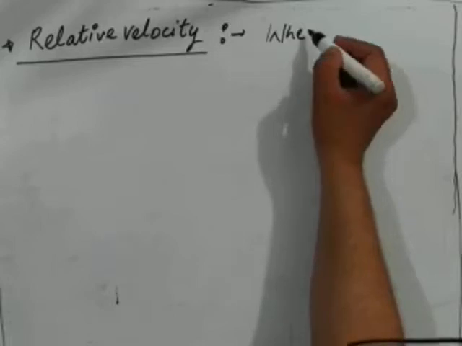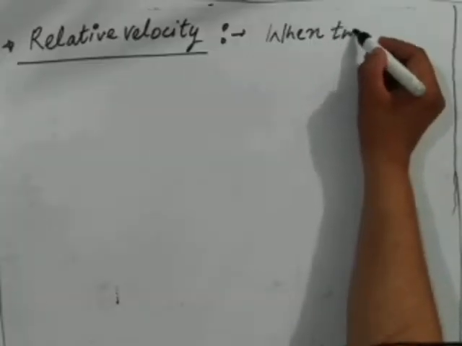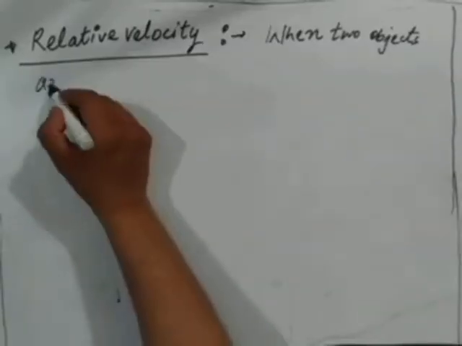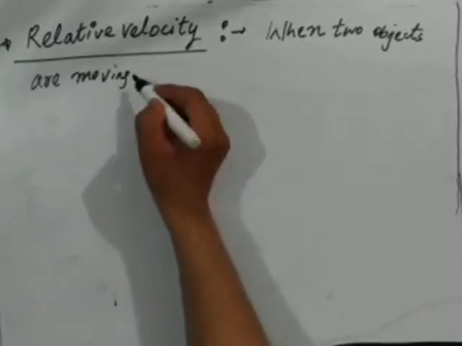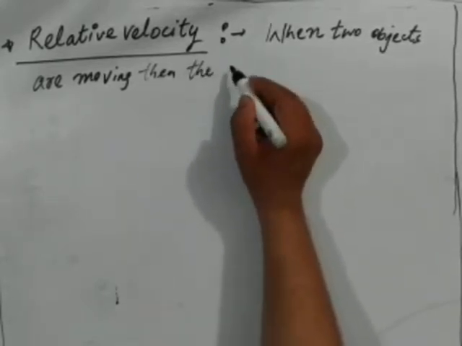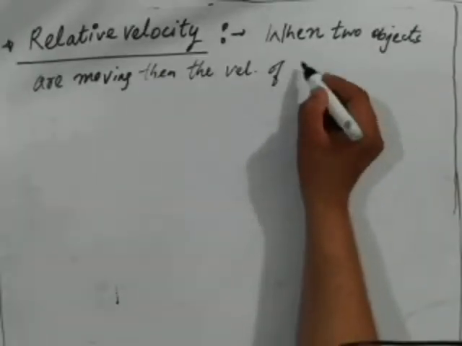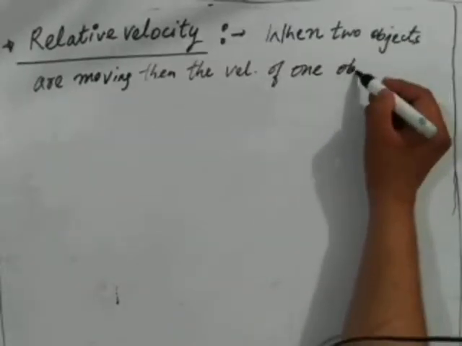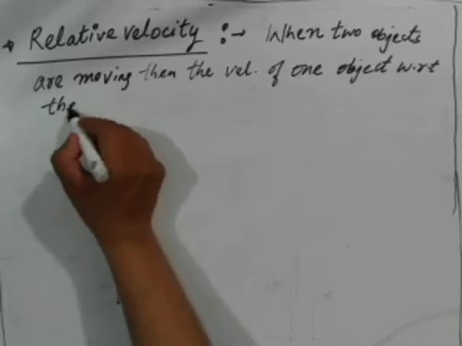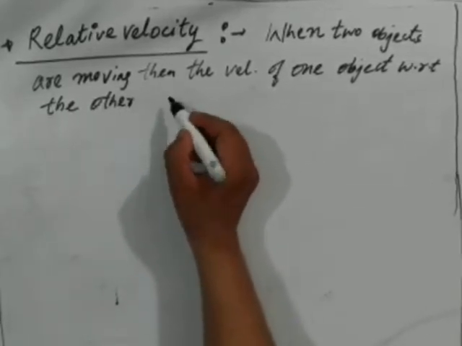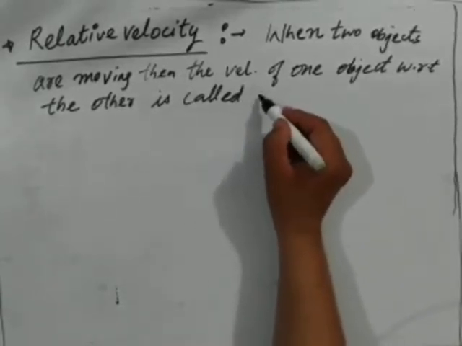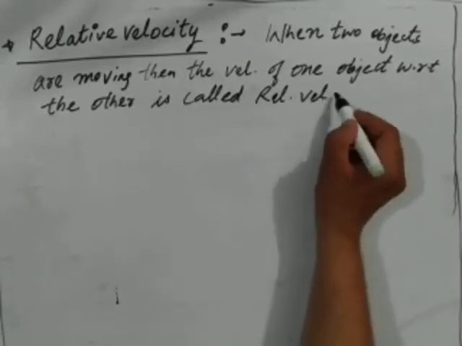When two objects are moving, then the velocity of one object with respect to the other is called relative velocity.